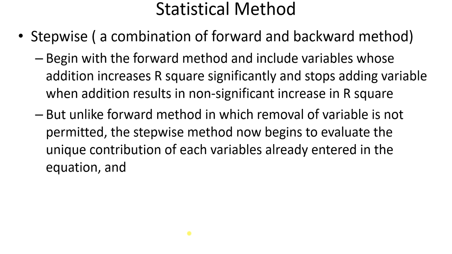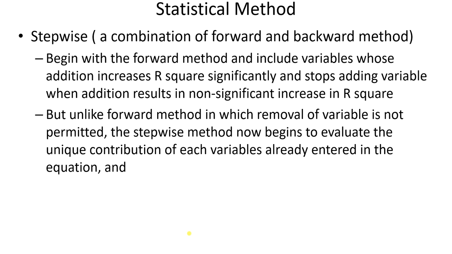But dissimilar to the forward method, in which removal of a variable is not permitted, in stepwise, after finalizing the model based on forward selection, we will try the backward elimination method also. Now we will begin to evaluate whether, if we remove one or two of the variables which have been entered in the equation, it results in a non-significant change.